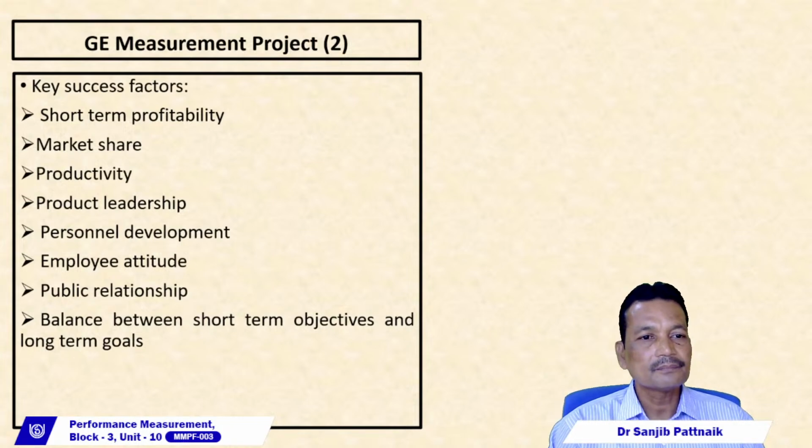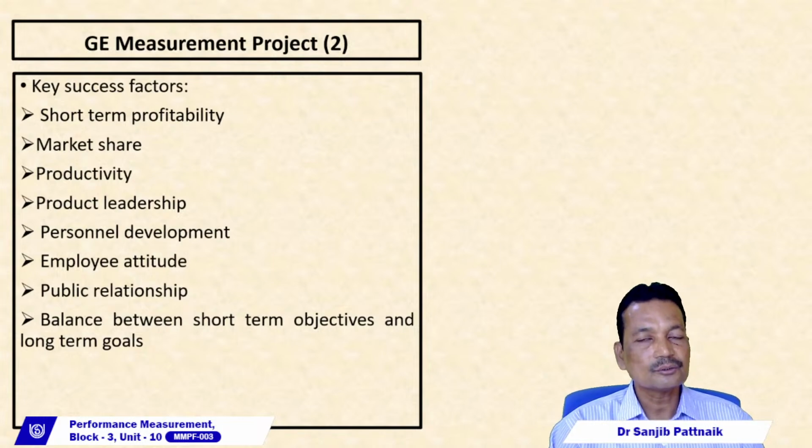Product leadership, it comes from research and development. Personal development is required for the organization to thrive on the skill set of the employees. Employees' attitude towards the work is also important.